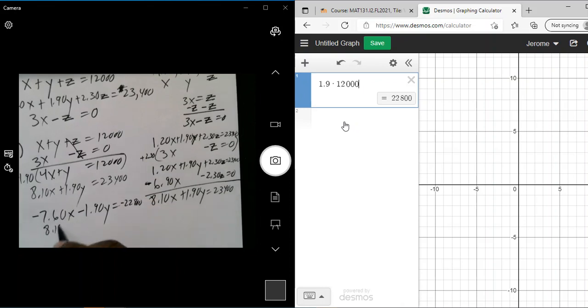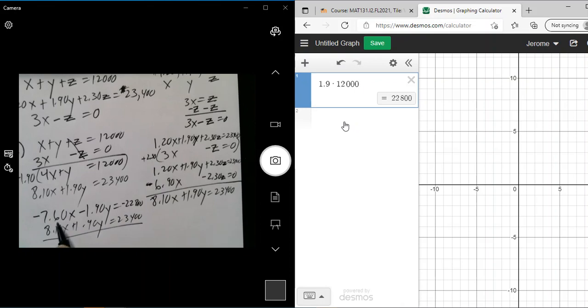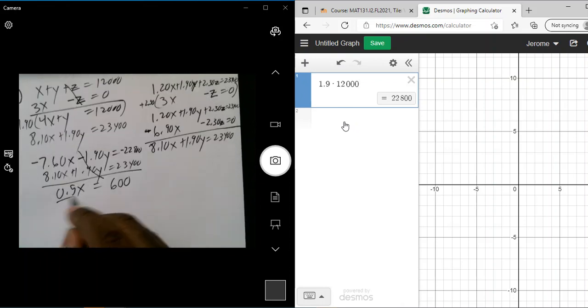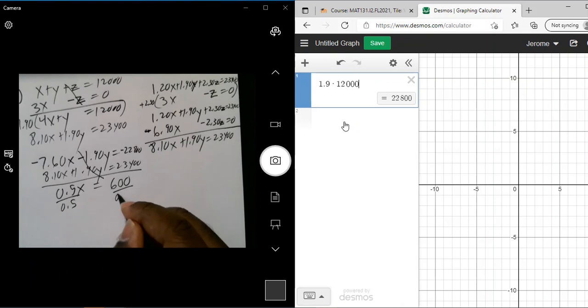And then we have 8.10X plus 1.90Y is equal to 23,400. So this would give us 0.5X. The Y's will simplify out, and this will leave us 600. Divide each side by 0.5, and X is 1,200.